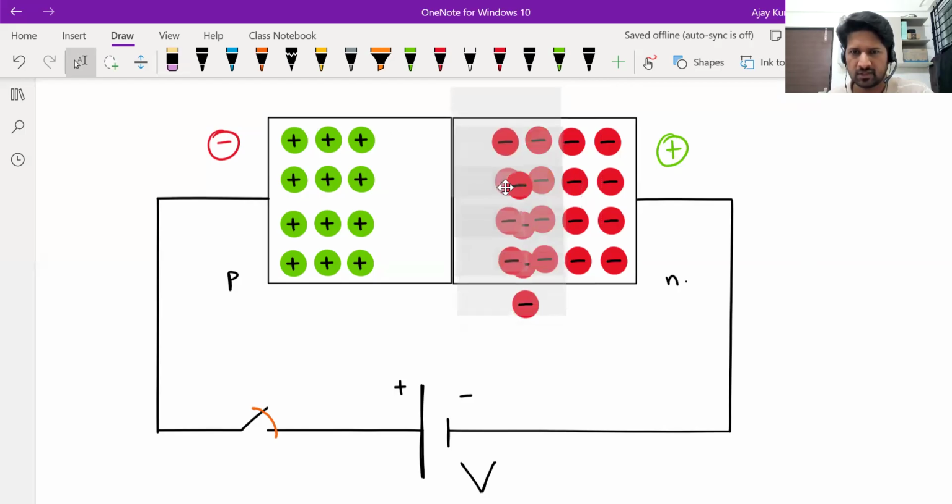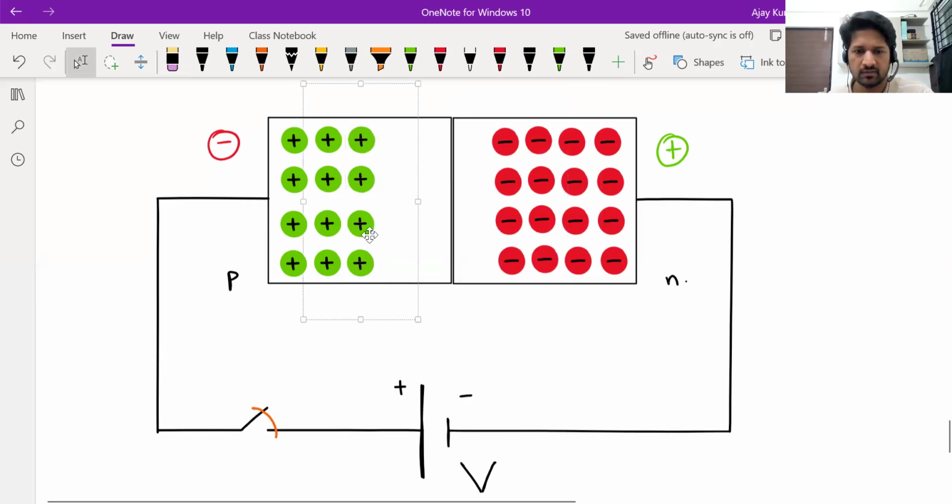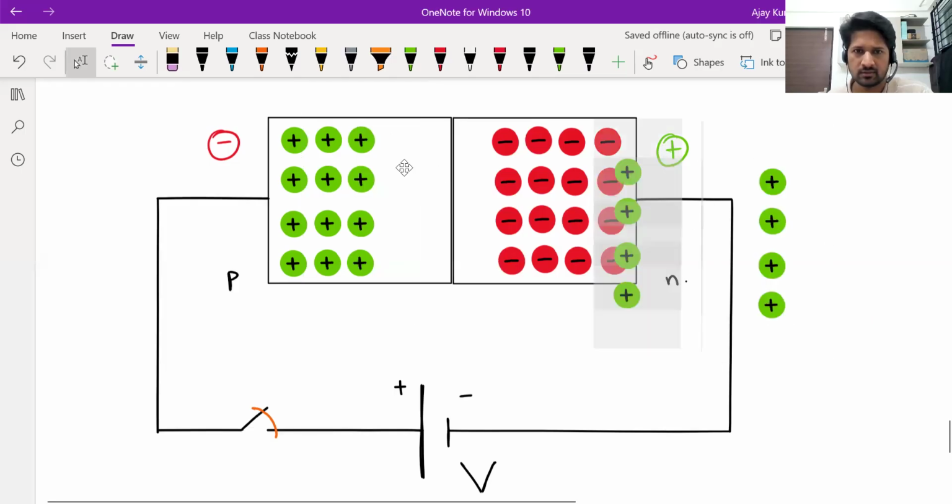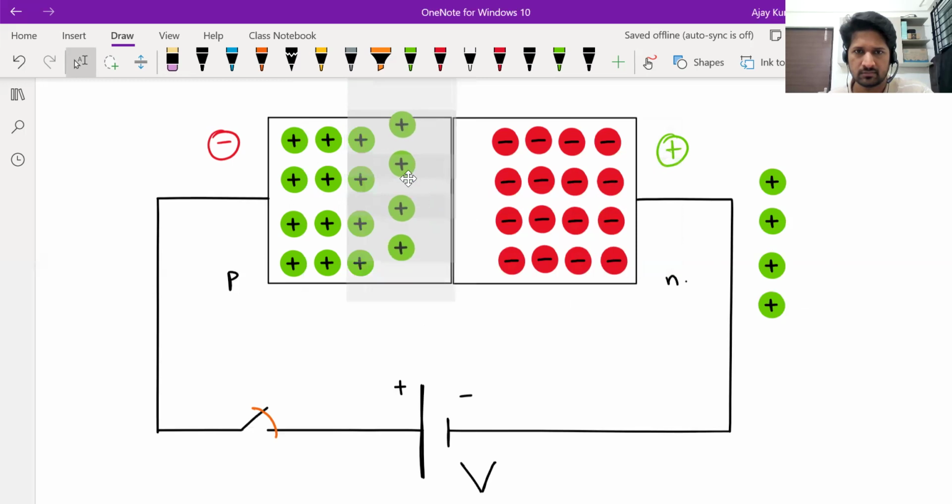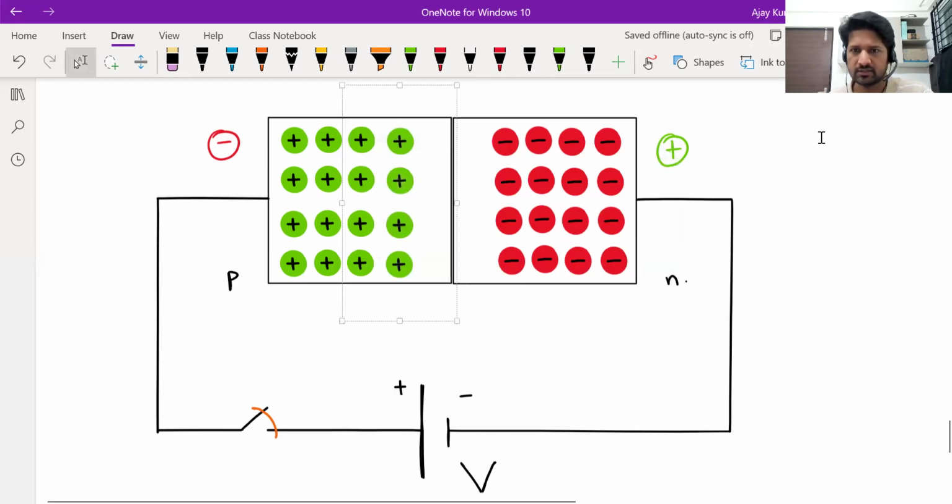Okay, let's assume it's not completely cancelled. The electric field is not completely cancelled, but let's say it has become weaker. So what happens is narrowing of the depletion region. That's the first thing that you will notice.